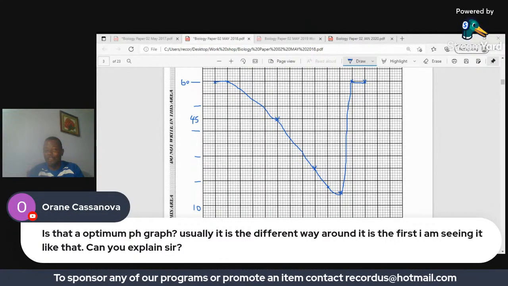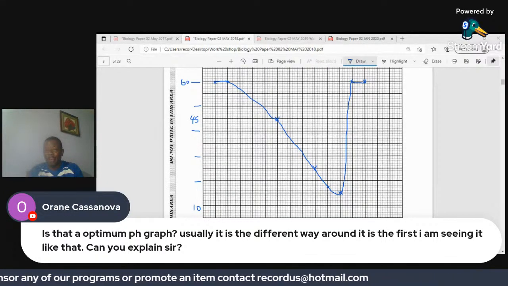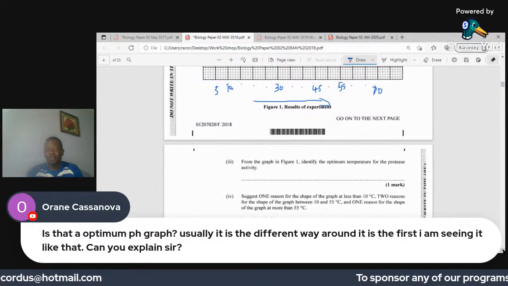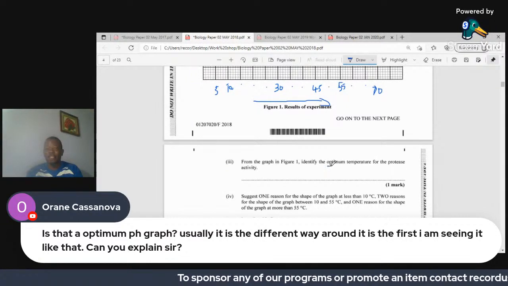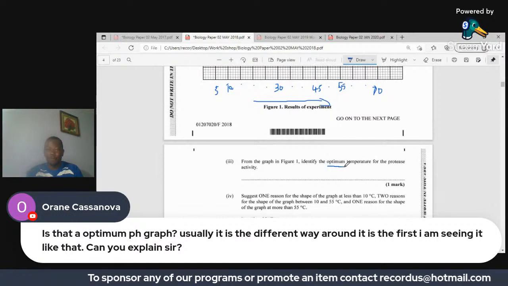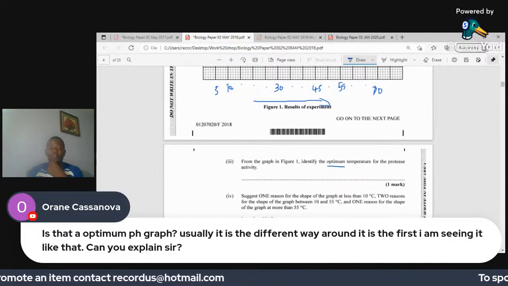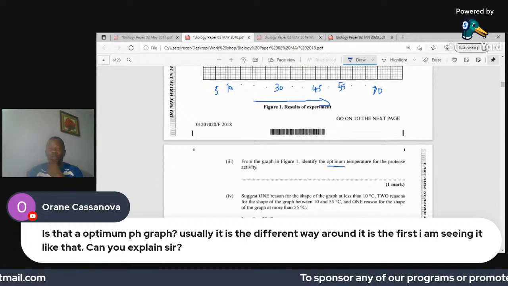All right, great. I don't know if anybody else would have seen this before. I've never seen it like this before, but it makes a really interesting question now that we're moving on to this question that you are supposed to answer. This is what Casanova was asking about. So here, for the graph in figure 1, identify the optimum temperature for the protease activity.